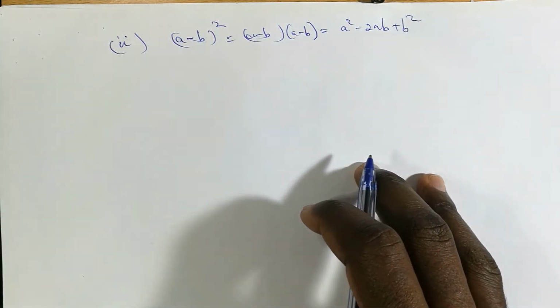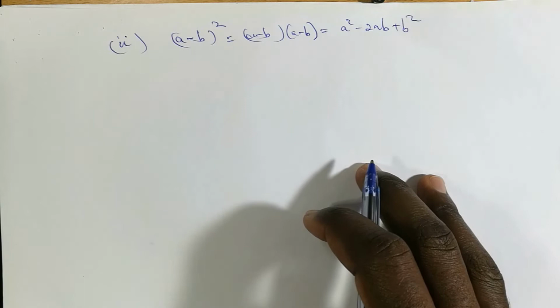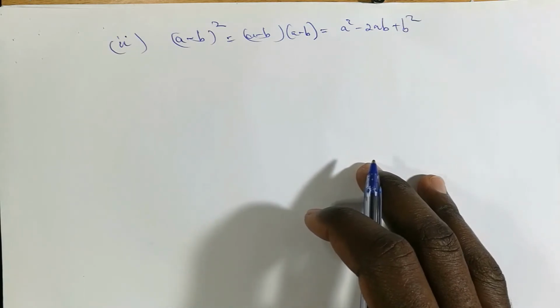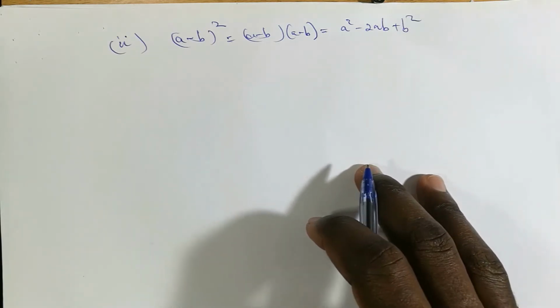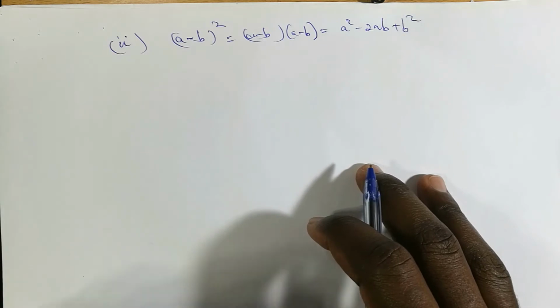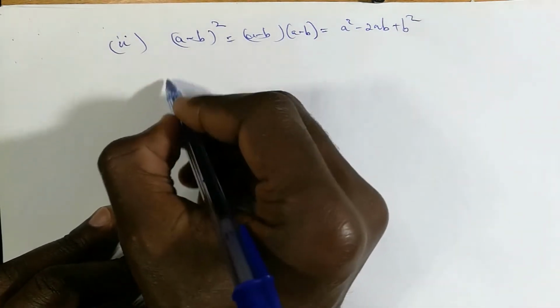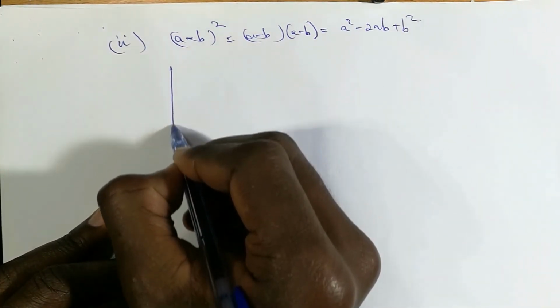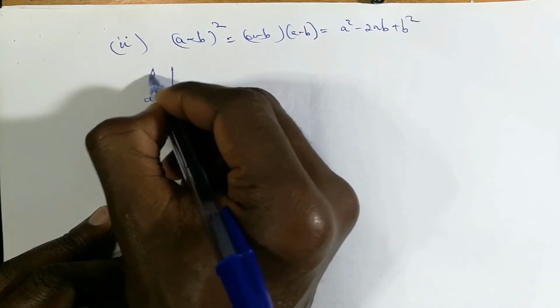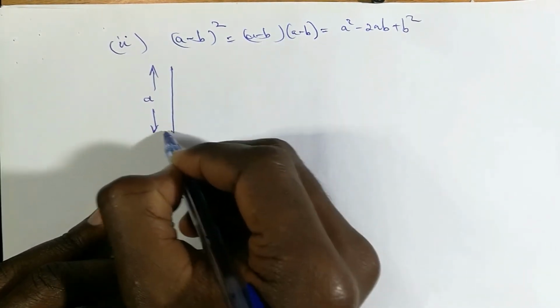Now we're going to first of all consider how do we create a minus b. Let's say we have here length a, and that work.